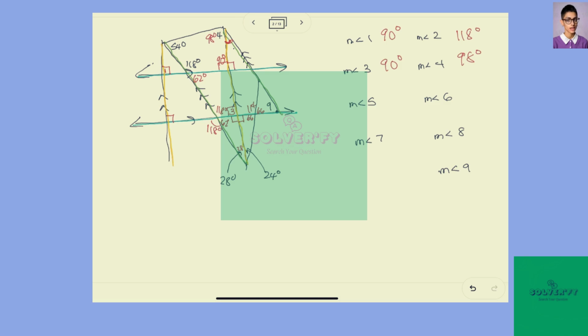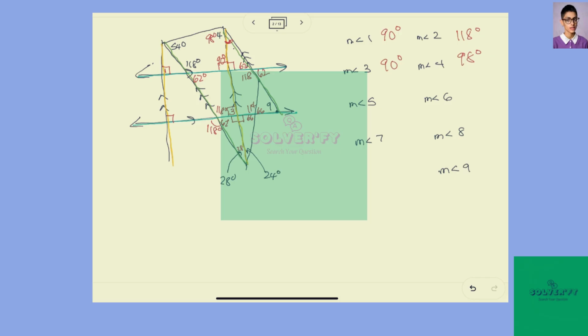So 62 means this is 62 because it's corresponding. So 180 minus 62, this is 118. So this is 62, and now I can get angle 5.